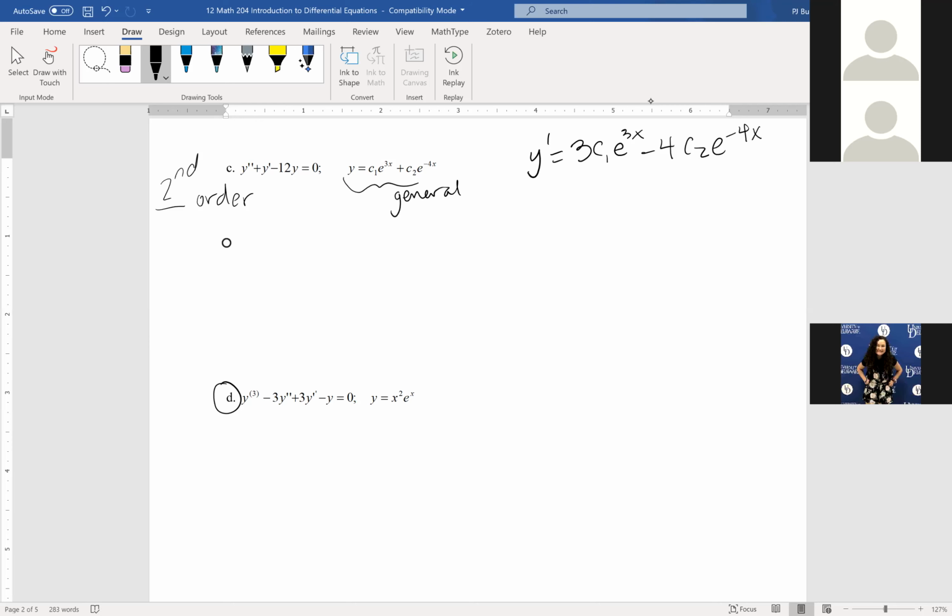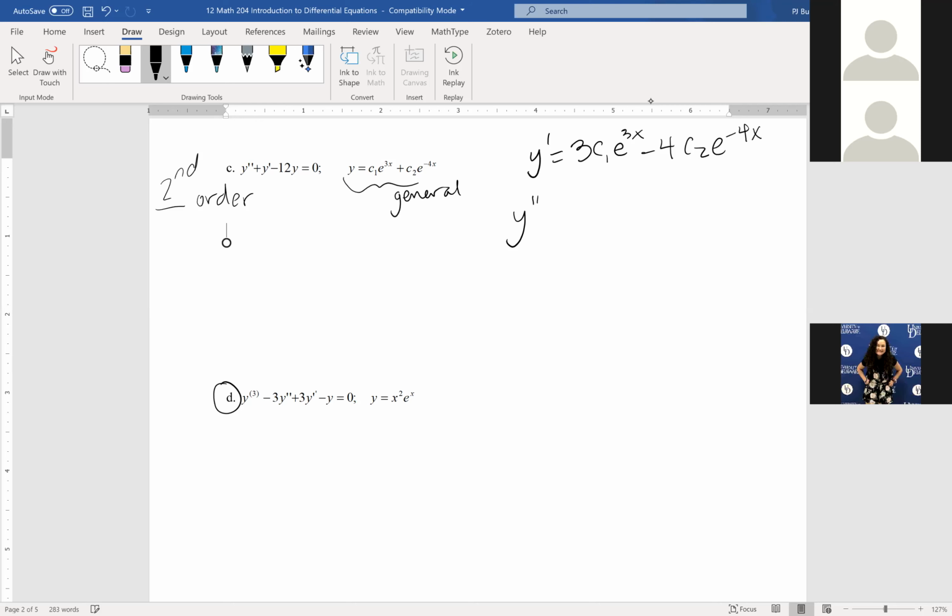Now, you could in fact throw this 3 inside the c1, but you'd have to call it something else. And because we're trying to eliminate everything, that's a bad choice. So that's why I chose to do this one. So it was clear that you leave the constants alone.